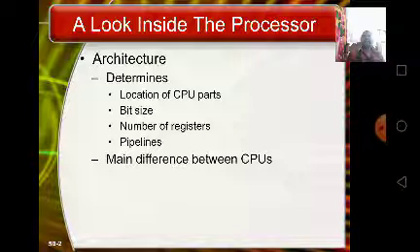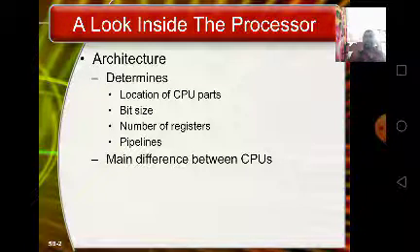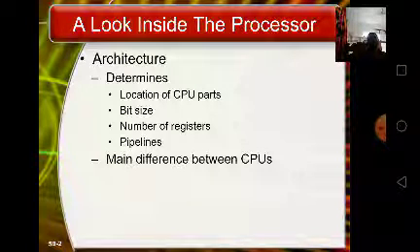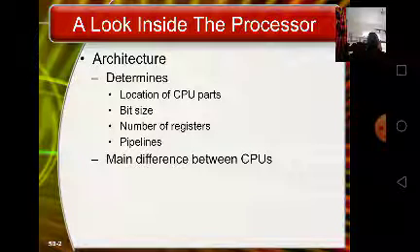There are many different chip architectures in use today, and each family of PC processors is based on its own unique architecture. In fact, processors are differentiated by their architectures.